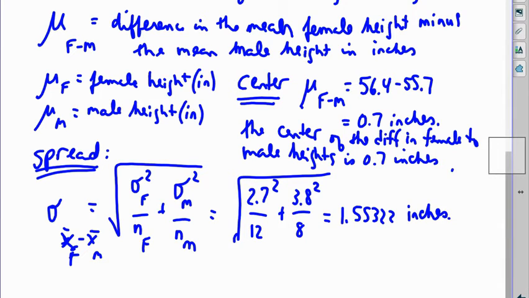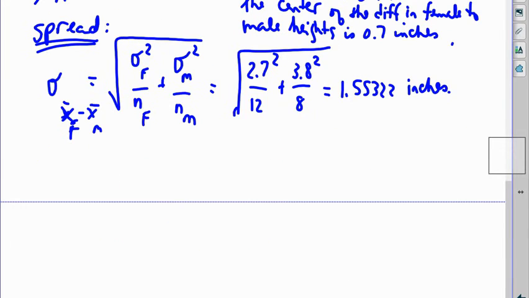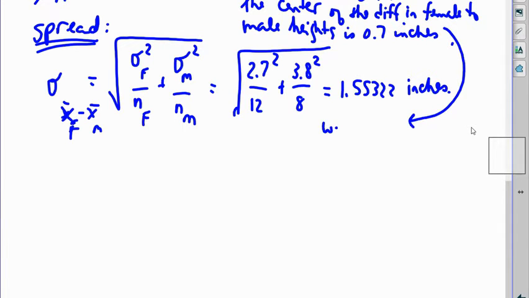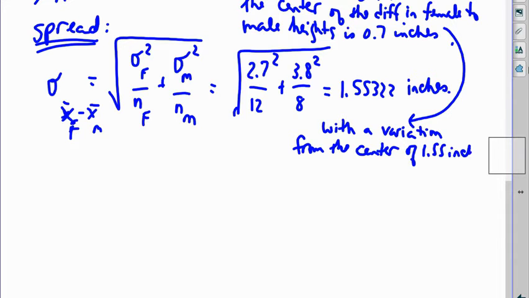The center was at 0.7 inches, and the spread was that it varies from the center of 0.7 inches by approximately 1.55 inches.